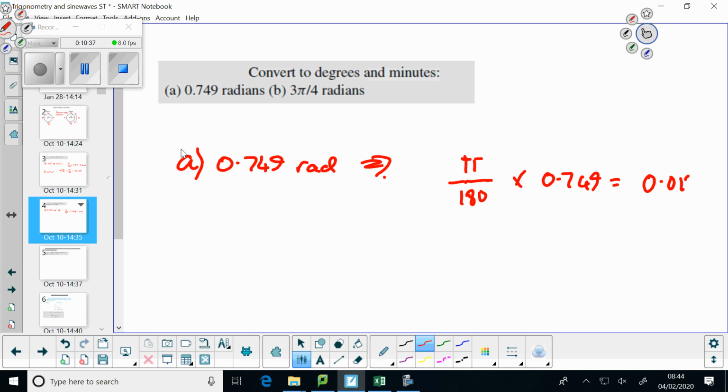Hang on. No, there's something wrong there somewhere. Pi over 180. That's right. 180 over pi.